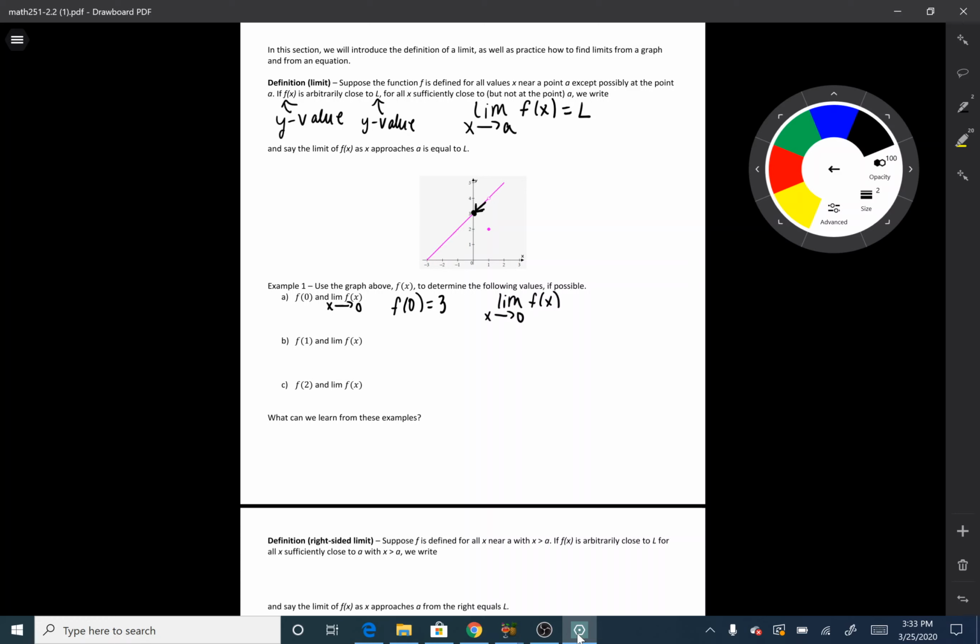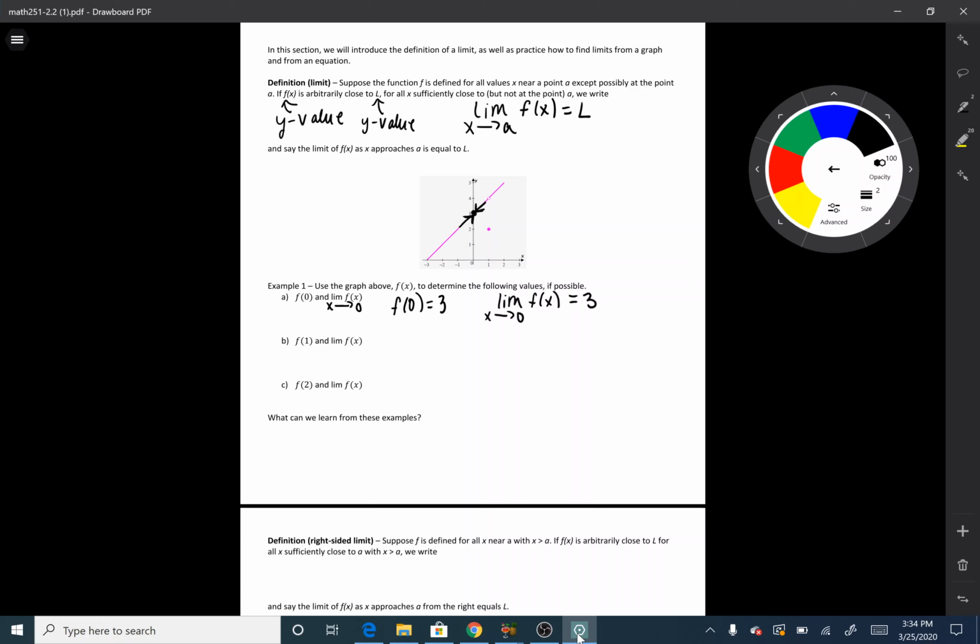I can see that on this side, my function is approaching the point 3. And if I look on this side of the function, again, on the left side of 0, I also see that that side is approaching the point 3 as well. So this means that the limit as x goes to 0 of f of x is equal to 3. So in this case, f of 0 and the limit as x approaches 0 of f of x are the same values. They're both 3.